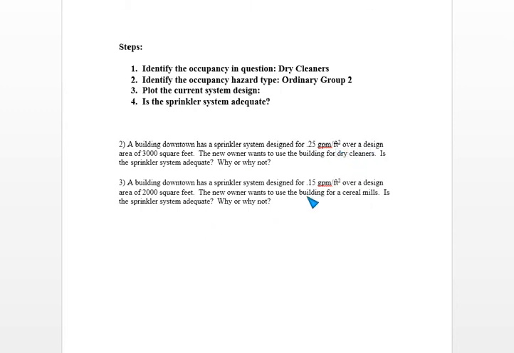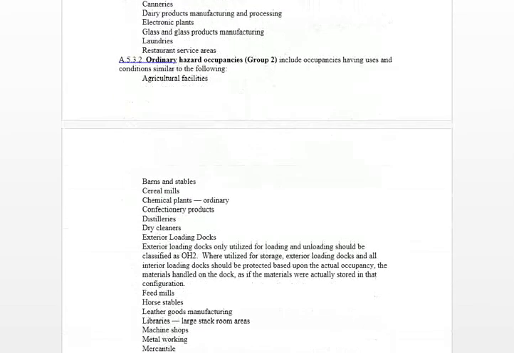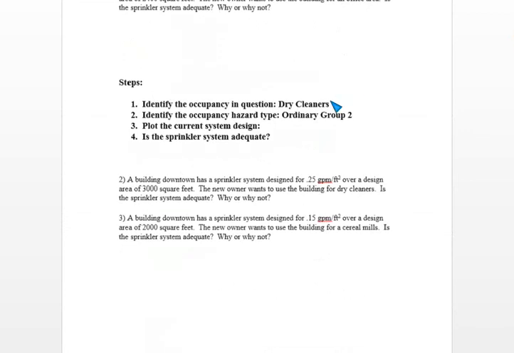Our third example is going to be a 0.15 over 2000, and the new owner wants to use it for a cereal mill. So we'll go down and find cereal mill in our list. Cereal mill is here under ordinary hazard group 2. So ordinary group 2.